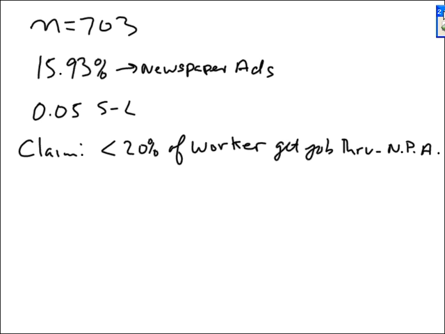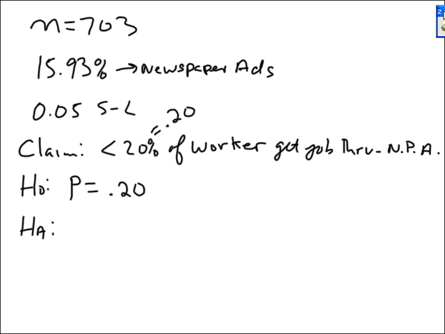Okay, so what is H0? Now, 20%, that's the proportion. So P is equal to 0.20. Now, what's the alternate?